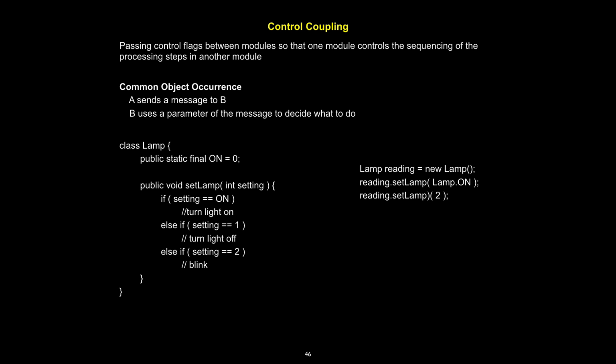Which is bad, right? Because now if I change how it works, then the outside world has to know. And remember, one of the goals of object-oriented programming was to hide decisions inside of modules so that the outside world doesn't have to know. But here, we do have to know, right? What are the values? 0, 1, -1, 5, what do they do?